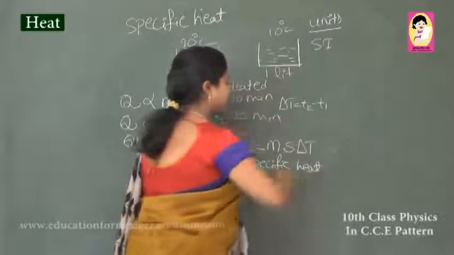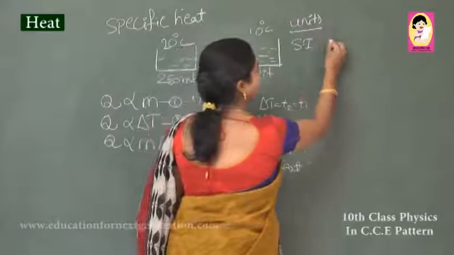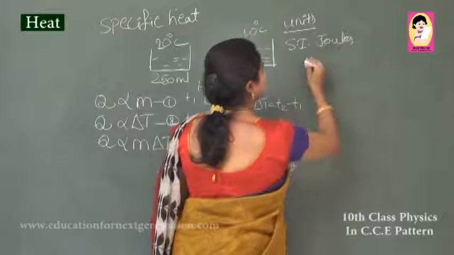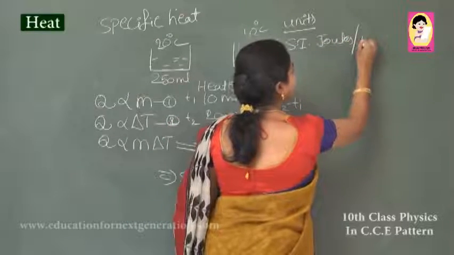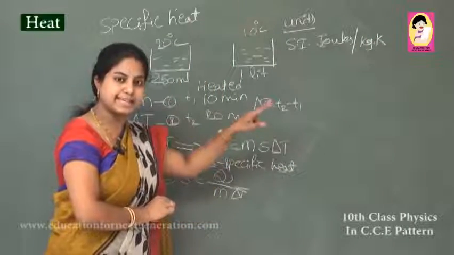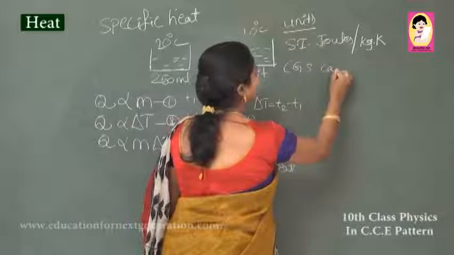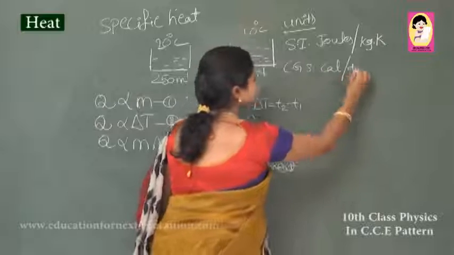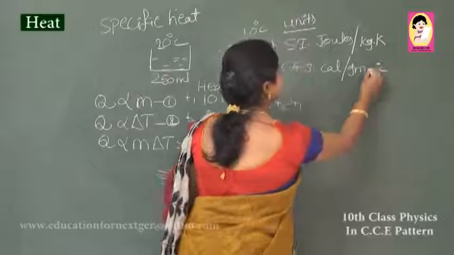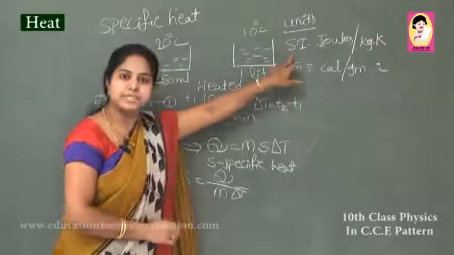The SI unit for specific heat is joules per kg Kelvin, where K means Kelvin. The CGS unit is calories per gram degree Celsius. These are the SI and CGS units for specific heat.